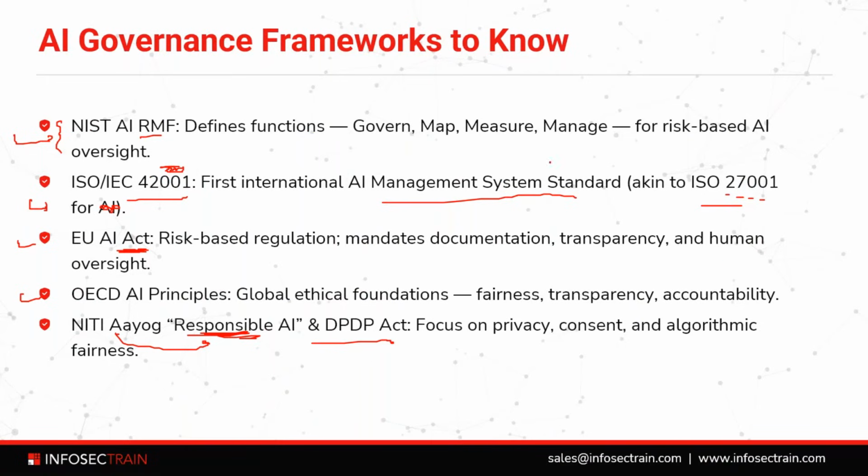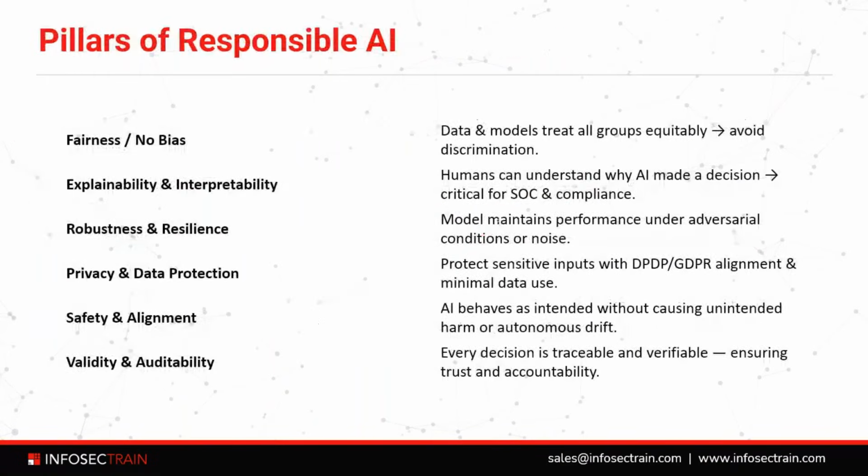So if you go through all these documents, the gist you will see is this: you will come across the pillars of responsible AI. In some places you see the word trustworthy AI in place of responsible AI. It tells you about the properties your AI systems should show. It should show the property of fairness, that is, it should have no bias.